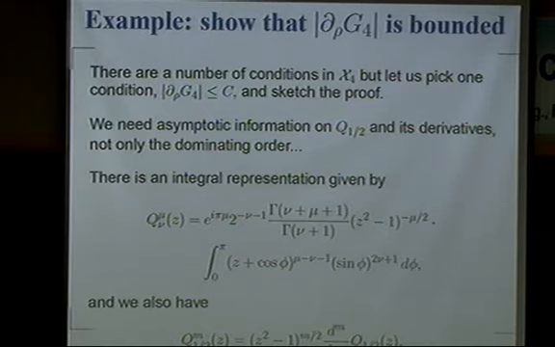So we need some information about what the half-integral Legendre function looks like. It has a singularity when the argument is 1, and we also need to know how it decays.